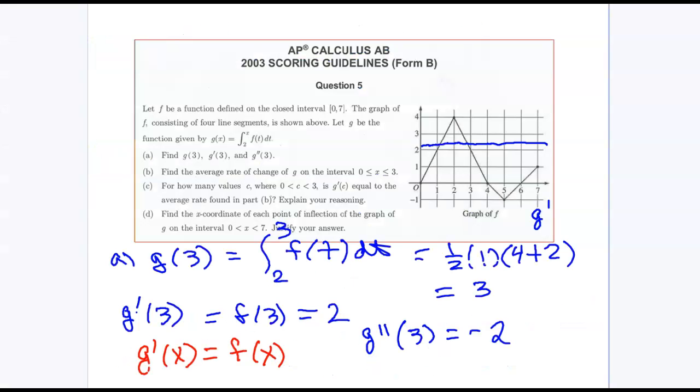Okay, in the last part, it says find the x coordinate of each point of inflection on the interval 0 to 7, justify your answer. So again, if we take a look at our graph of g prime, the second derivative is undefined at 2, at 4, there's a small little cusp there, and at 5, but I only get a sign change at 2 and 5.